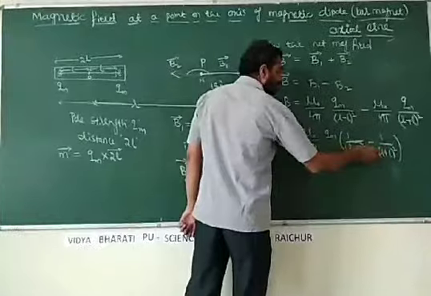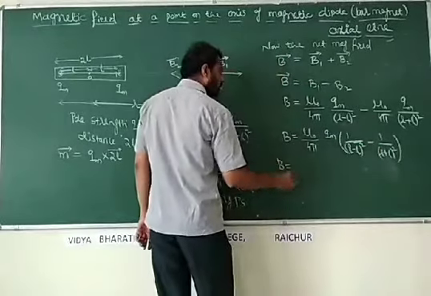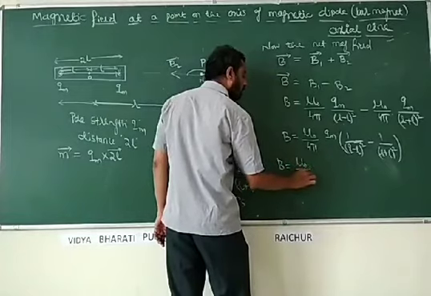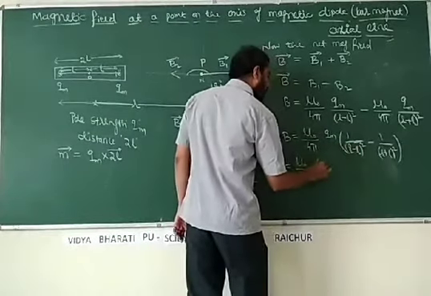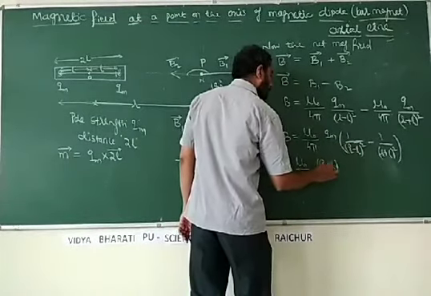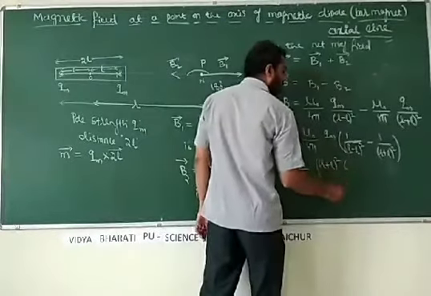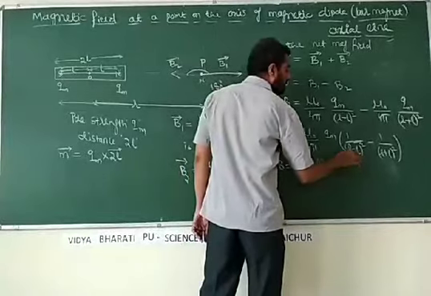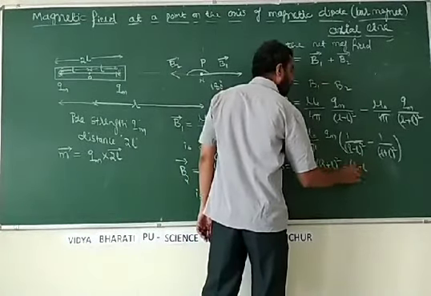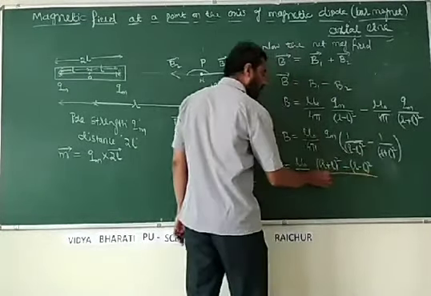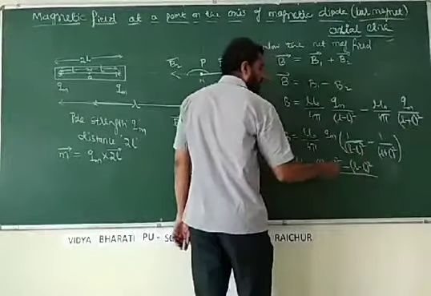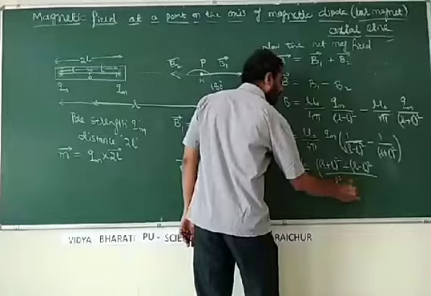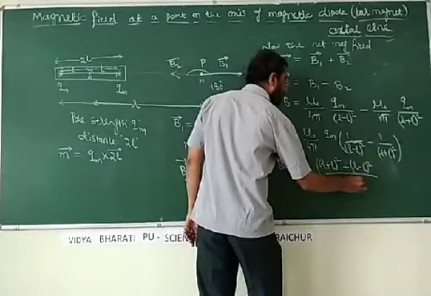I am taking the LCM of these two and rewriting this as mu naught by 4 pi qm, (r plus l) whole square minus (r minus l) whole square, divided by, I am multiplying these, not taking LCM, it can be written as (r square minus l square) whole to the power of 2.